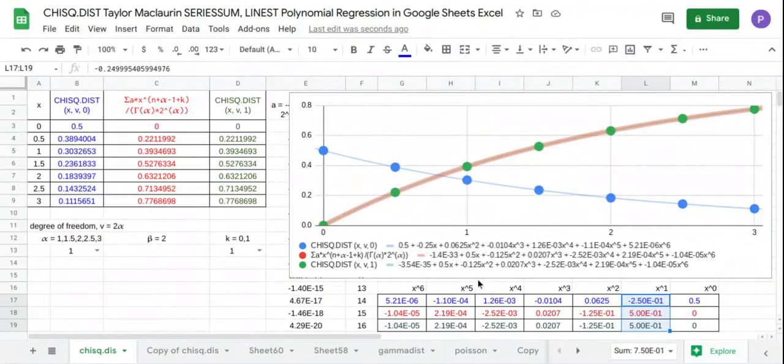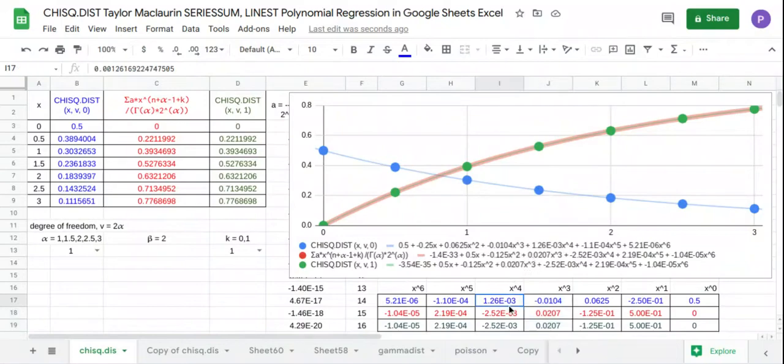X squared 0.0625. This is 0.125, this is also 0.125, negative 0.125.